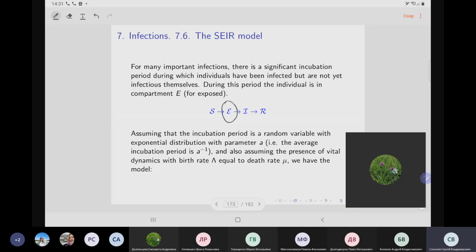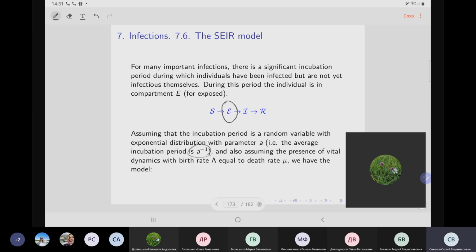And there is some incubation period for our exposed. Sometimes the infection develops in the body, and then after some incubation period, they become infected and start to infect the susceptibles.